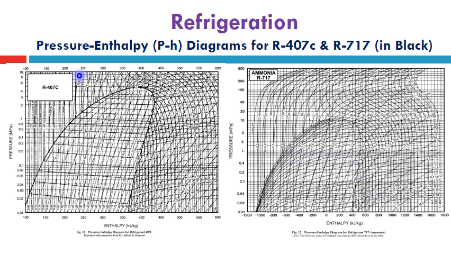However, for R407C we find that these temperature lines slightly decrease rather than staying constant with the pressure lines as usual, due to the chemical composition of this refrigerant, which will be discussed during this lecture in the next slides.